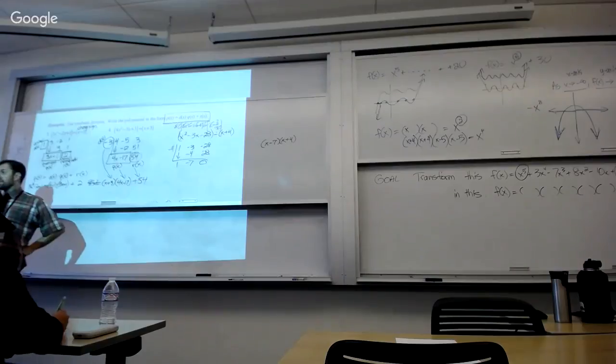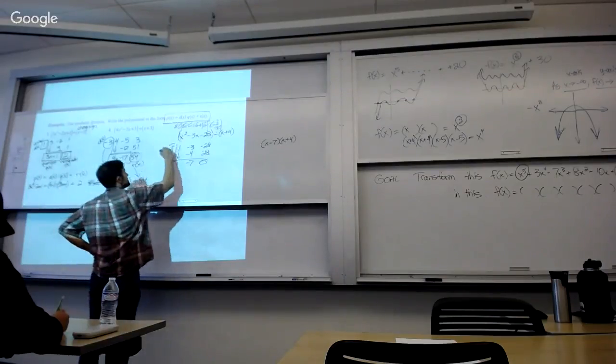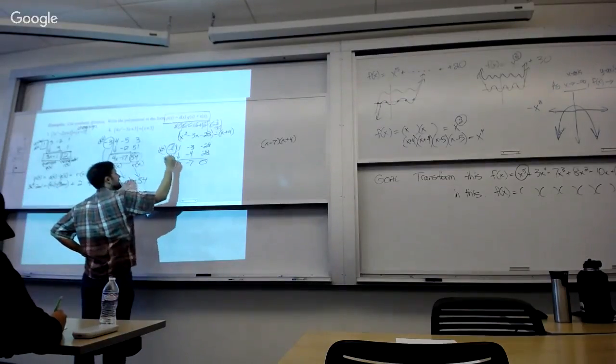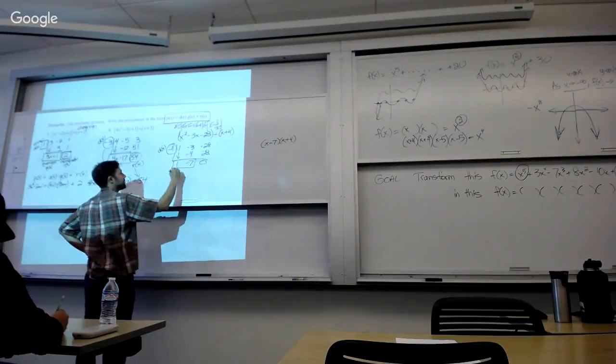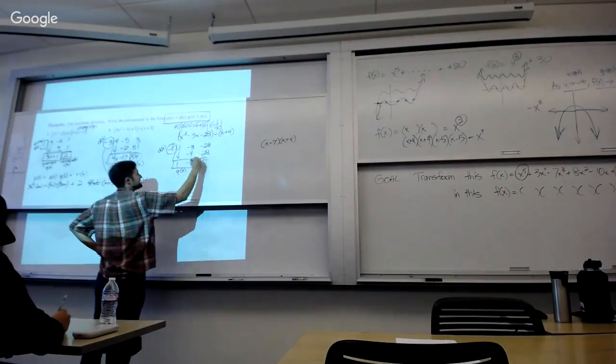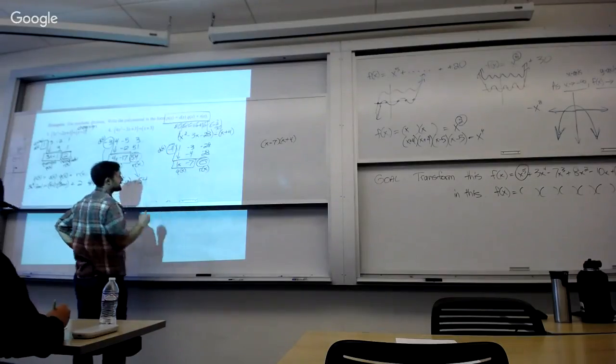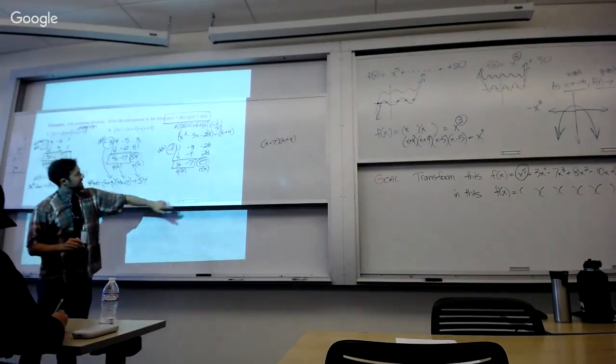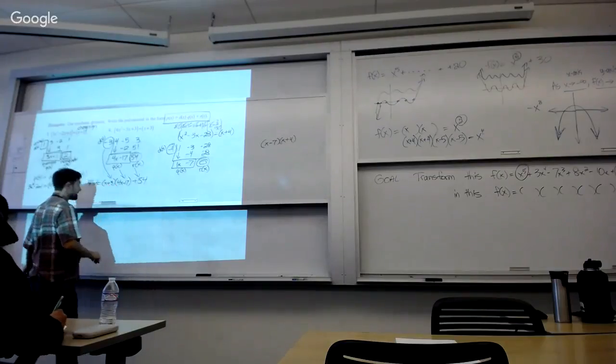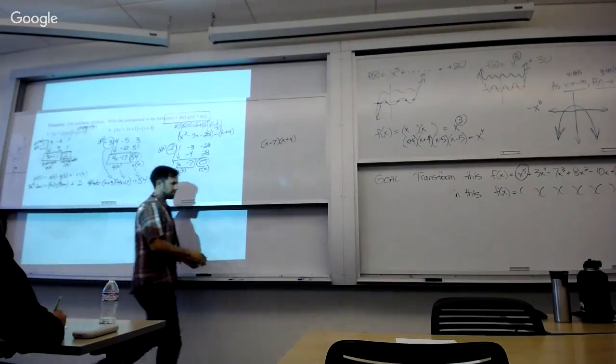Now let's diagram this. I know that this is my divisor, this is my quotient, and this is my remainder. And I started with x squared, so now that's x. And now watch what happens when I rewrite all of this.